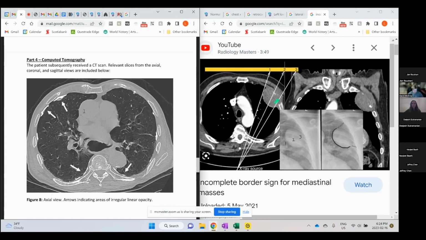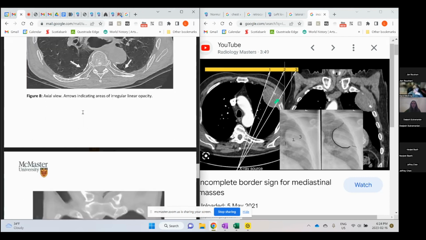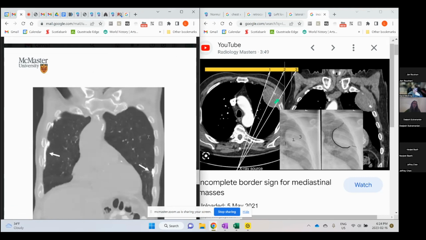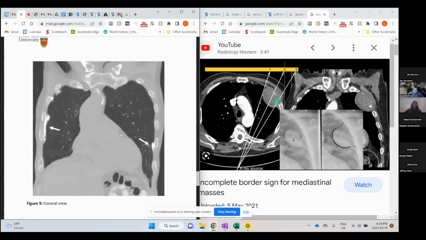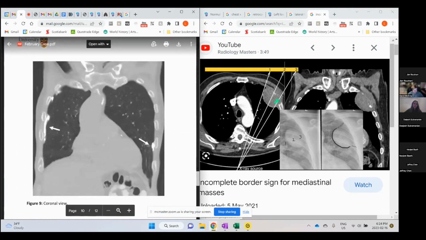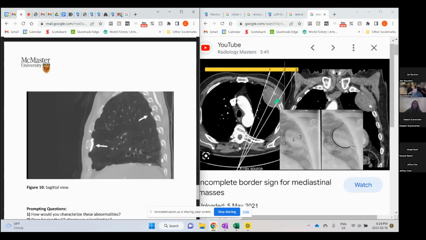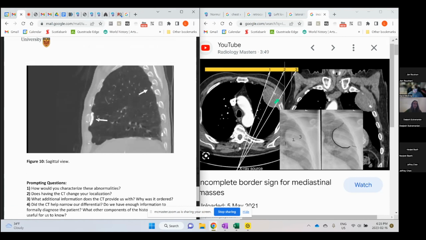Even if it was a pulmonary lesion, there's not that many things in the lungs that calcify. So it's really helpful to compare to the bones to see if it's soft tissue or if there are calcifications in there. And this is what it looks like on coronal views of the CT and sagittal.